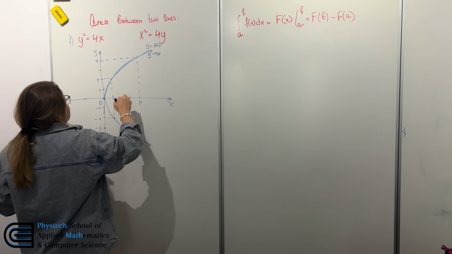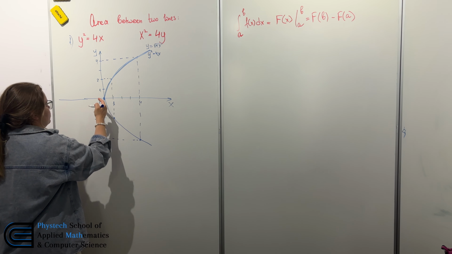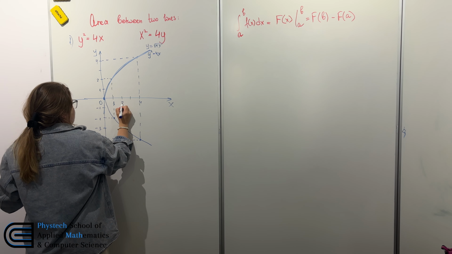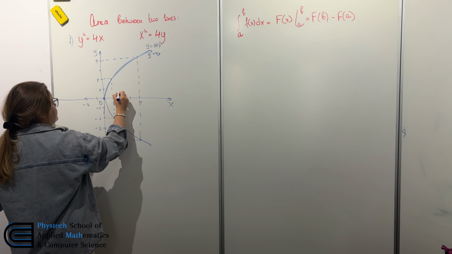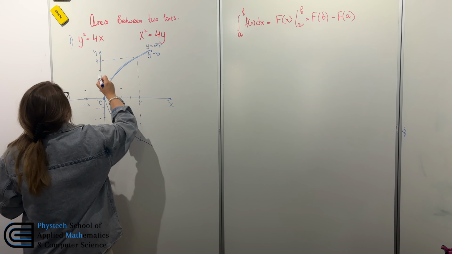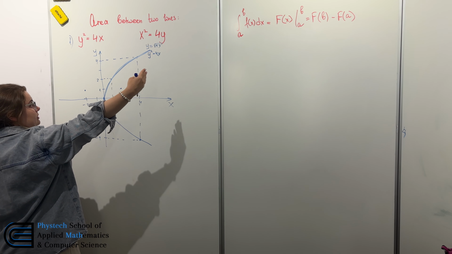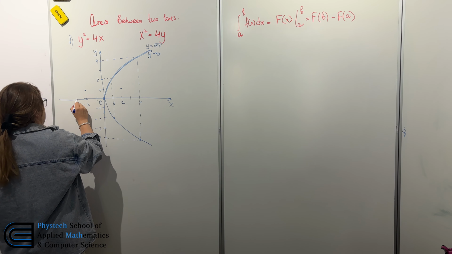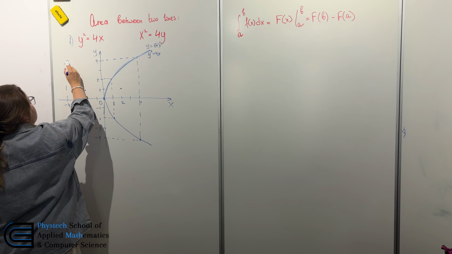So let's see. Here, when y equals 1, our axis equals 2 or minus 2, like this. The same situation. And for example, here 4 multiplied by 4 gives us 16, and it will be again the same situation.